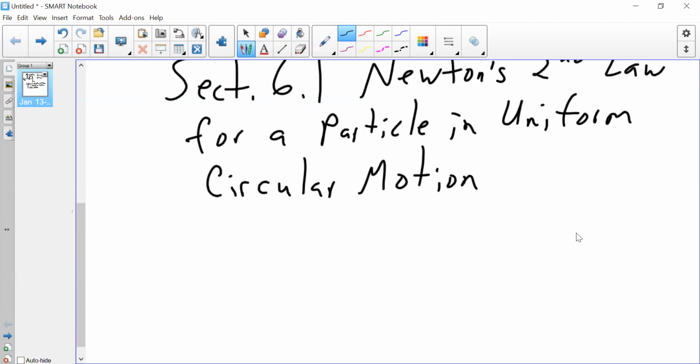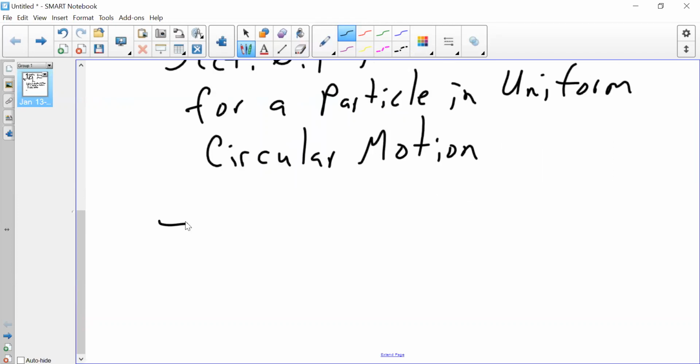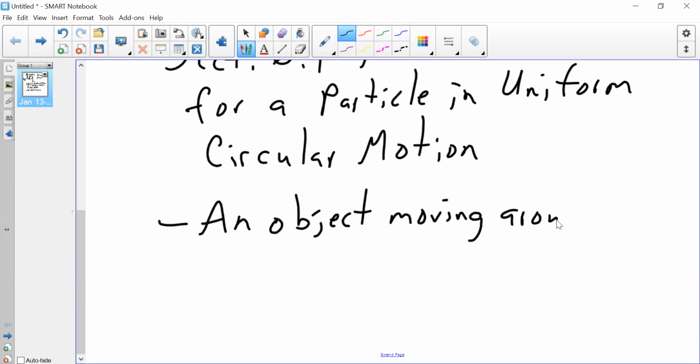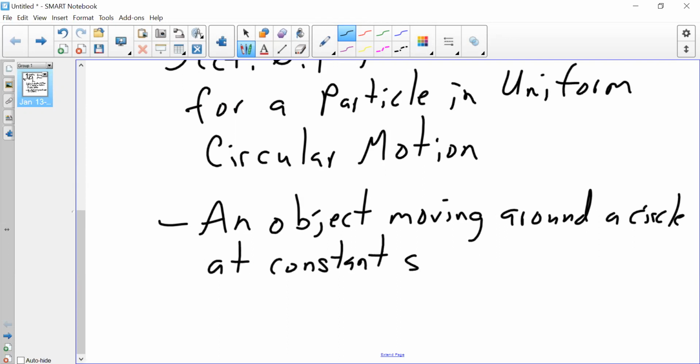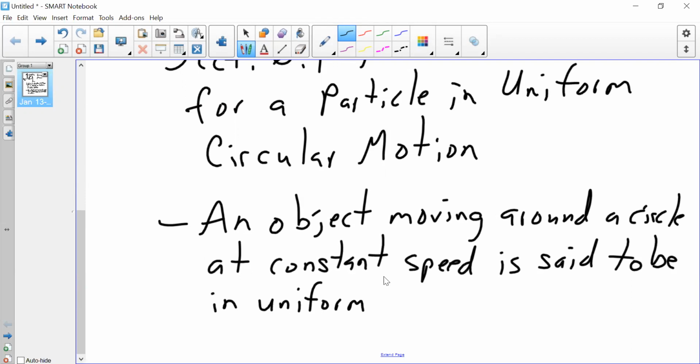Okay, so as we said last time, an object moving around a circle at constant speed is said to be in uniform circular motion.